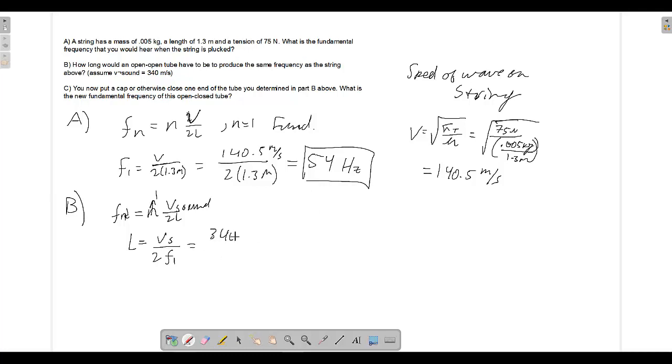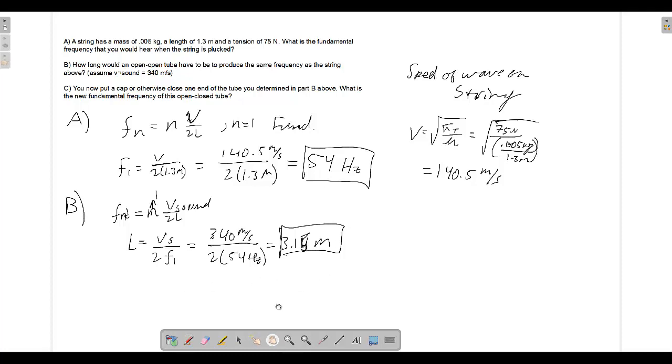We have 340 meters per second over 2 times 54 hertz, which gives us a length of, interestingly enough, 3.14, well, 3.15 about. Let's call it 3.15 so we don't get the pi reference confused. 3.15 meters is the length of our open tube that would produce the same frequency as this string does.